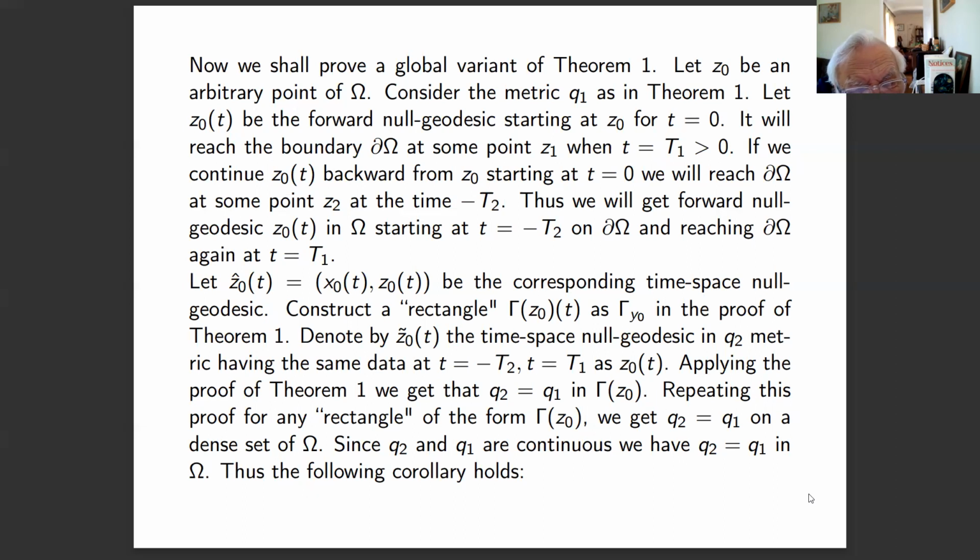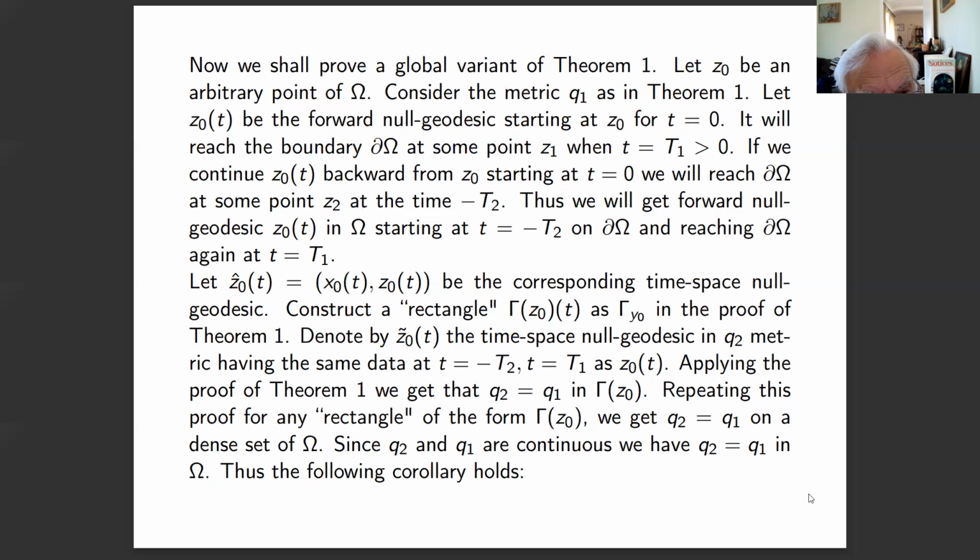If we continue Z0 backward, we will reach the boundary at some point Z2. So we get a forward null-geodesic starting at time minus T2 and reaching again the boundary at t equal capital T1.